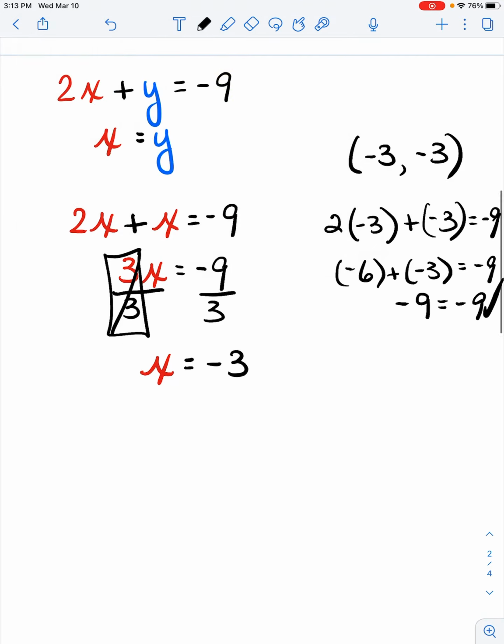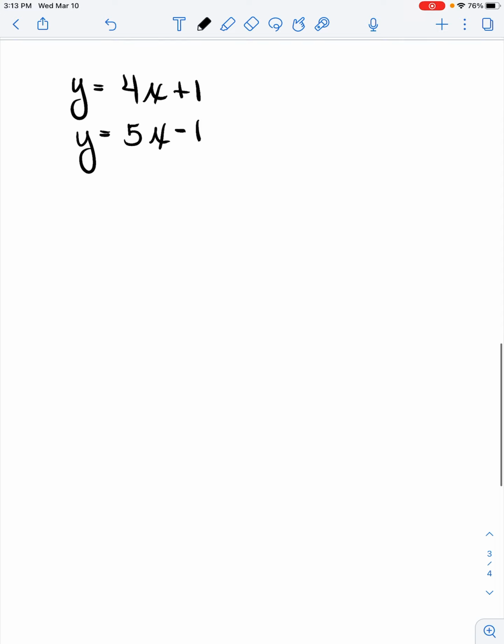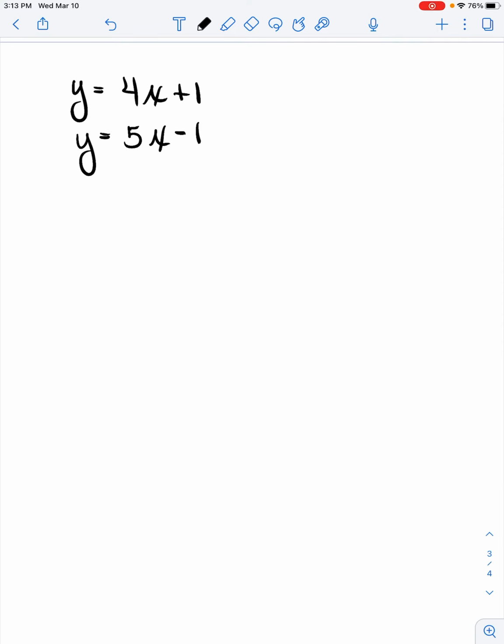All right, let's look at one last one, and let's see if we can figure this out. Now, I've done away with the color coding here, but let's think about what this means. Our first equation says y equals 4x plus 1, and our second equation says y also equals 5x minus 1.